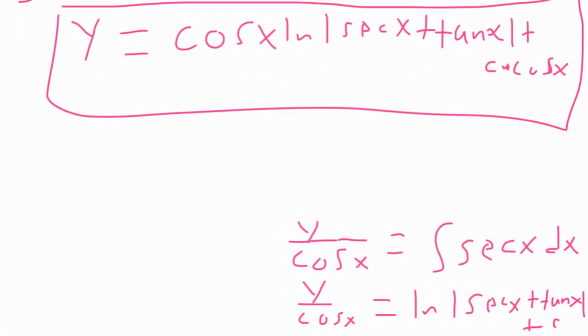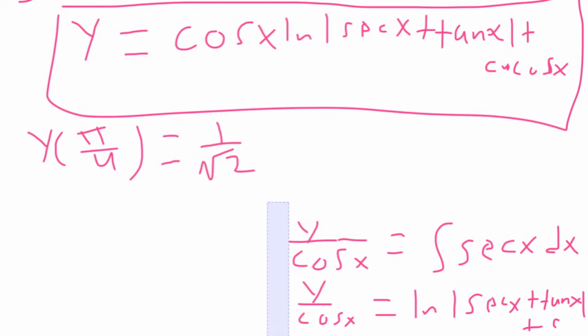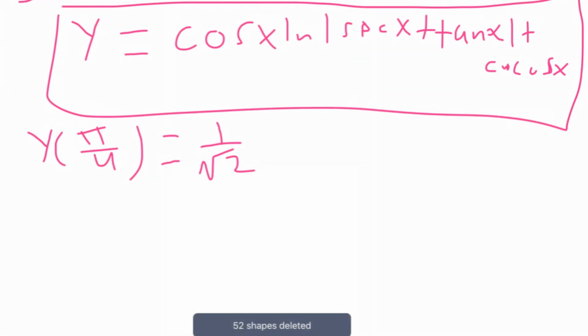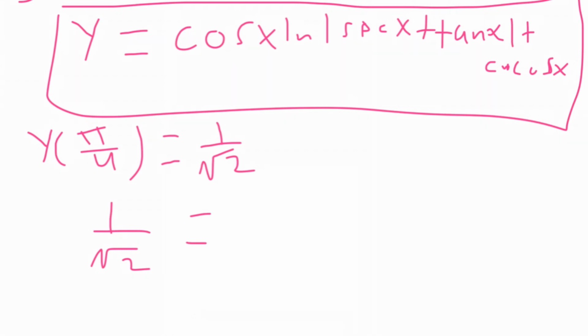So this was the general solution, but if we were given an IVP, so let's say it was this, an initial value, y of pi over 4 is equal to 1 over root 2, then all we would need to do is solve for c. So plug in 1 over root 2 for y, and then plug in pi over 4 for x, so cosine would be root 2 over 2, and then ln.